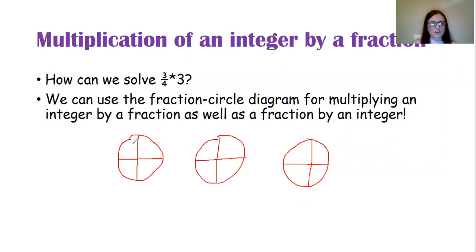So we would shade in all of this circle, every part, and then shade in 3/4 of this circle, and then 2/4 of this circle, which represents 9/4, as you can see.